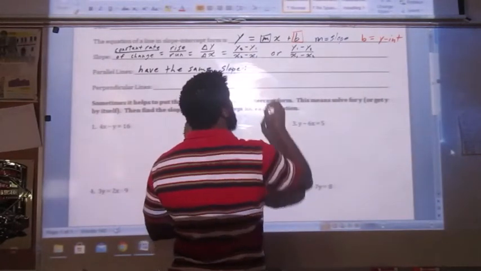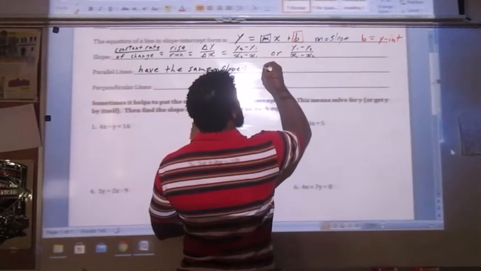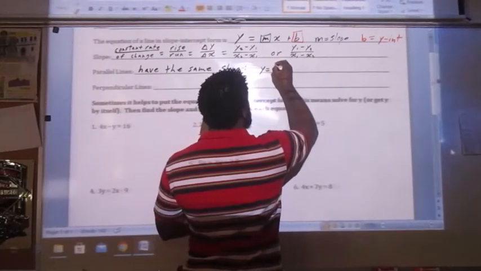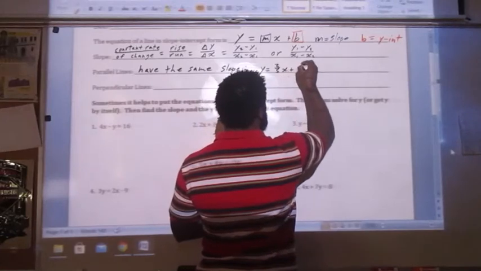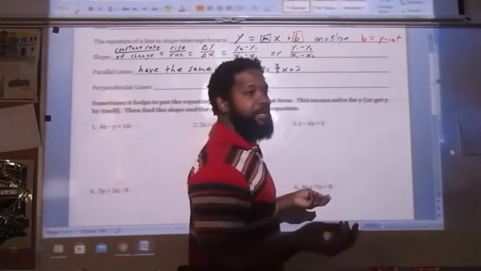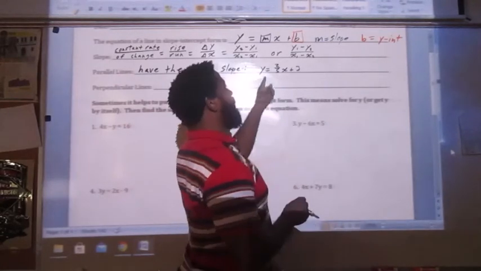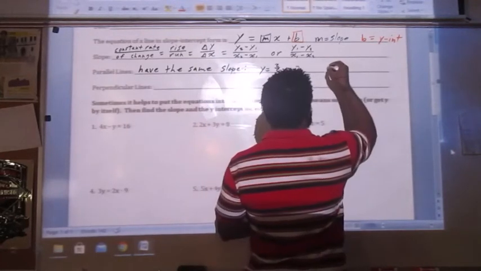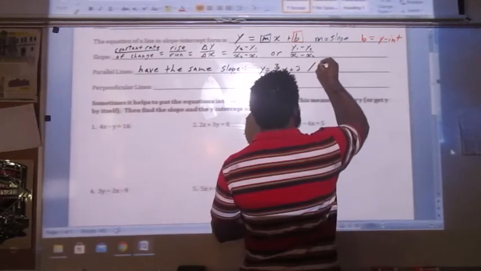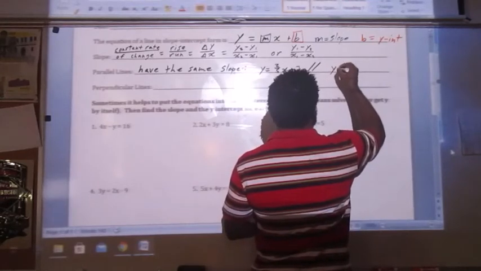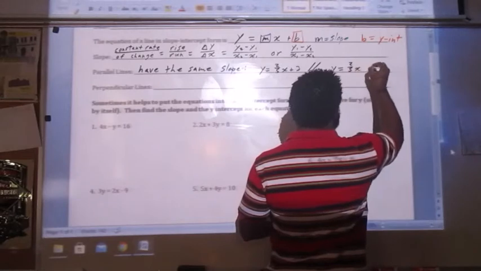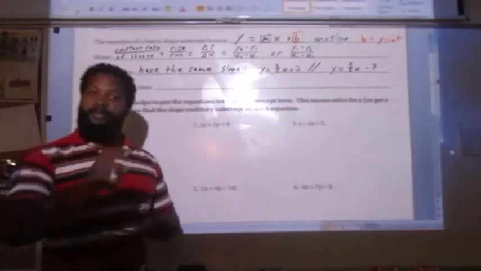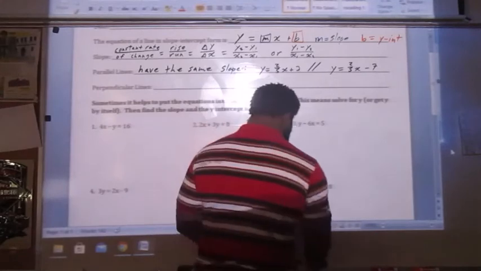What does this mean? That means the slopes are congruent. For example, if you have a line that's y equals 2/5 x plus 3, I just made something up, where your slope is 2/5, then another line that is parallel with it is y equals 2/5 x minus 7.